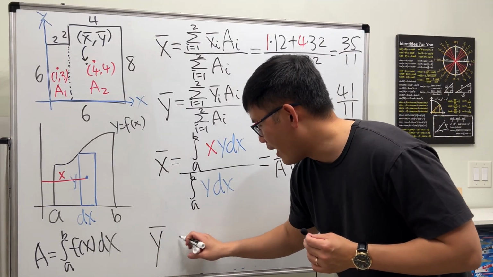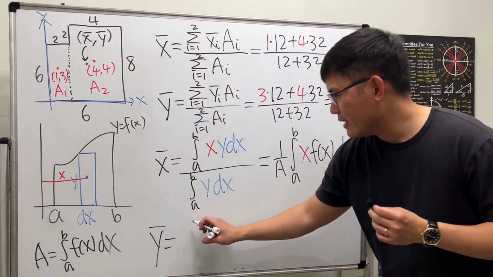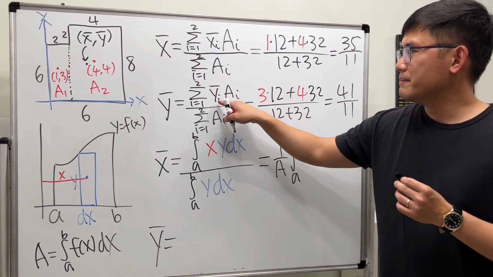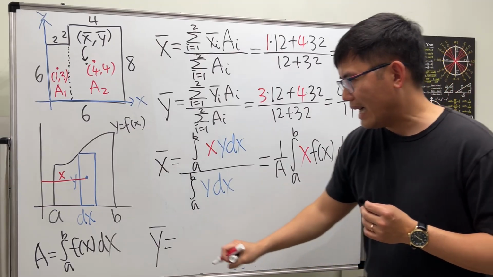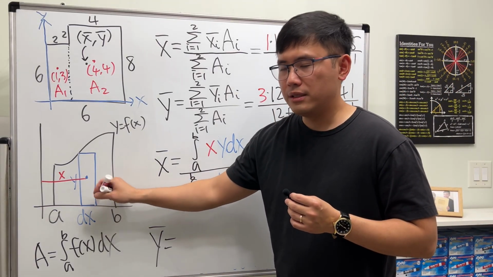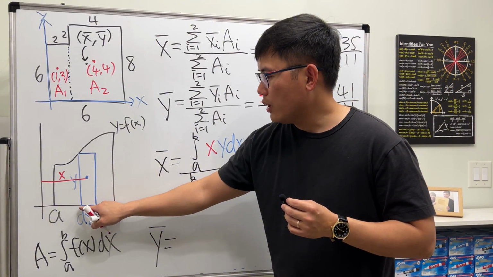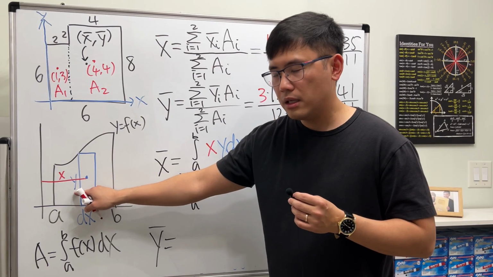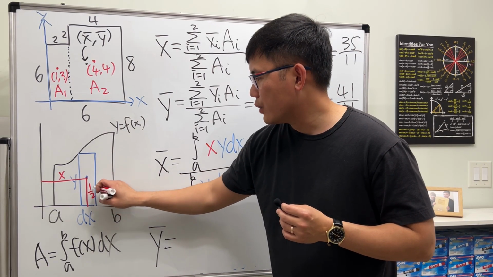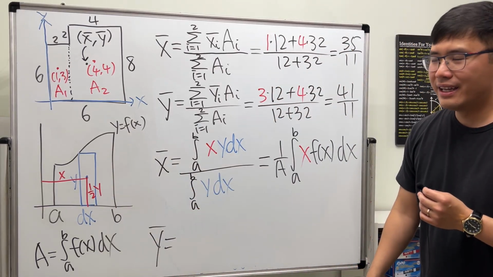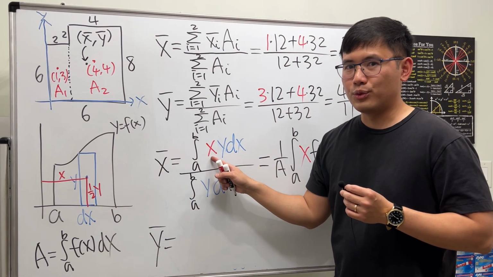Now, y bar. Here, let's talk about the yi bar. Here, we will have to talk about how do we write this from here to here. Well, from here to here is y, but we are just going to go halfway. So here we have half y, and that's the only difference that we have to put right here.